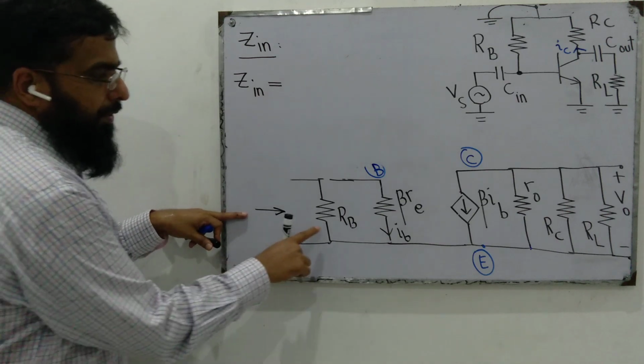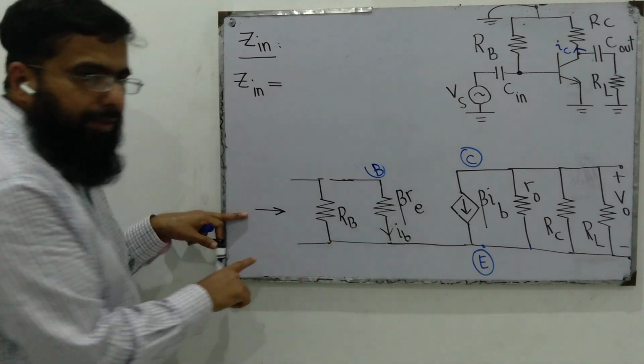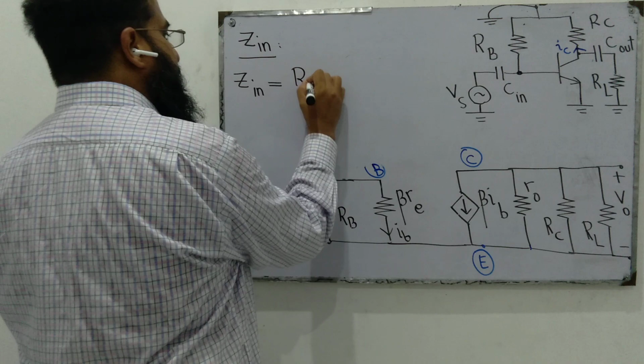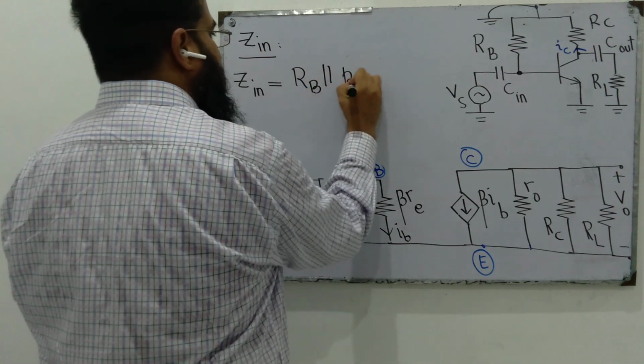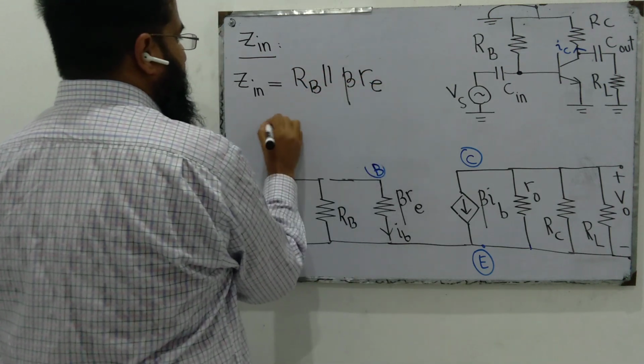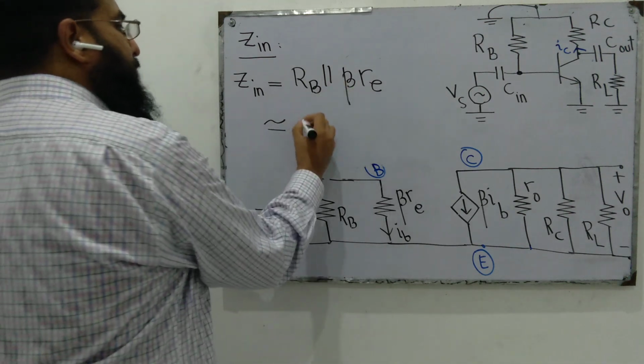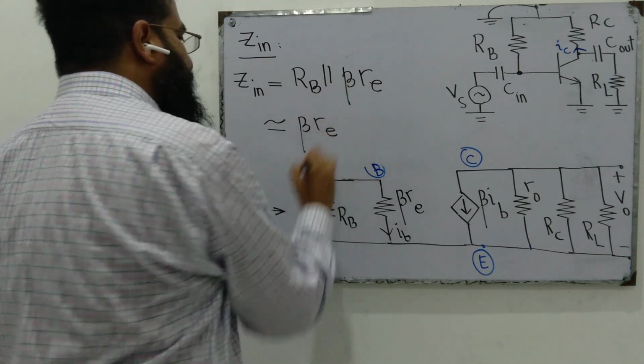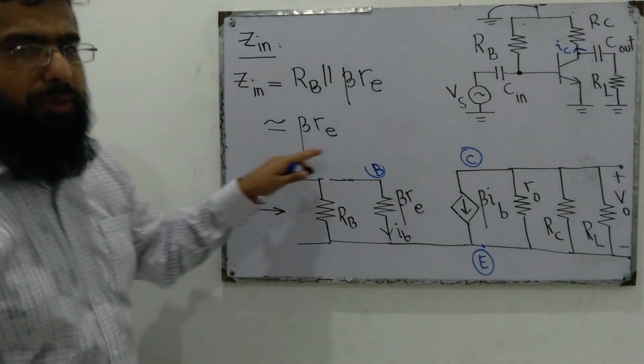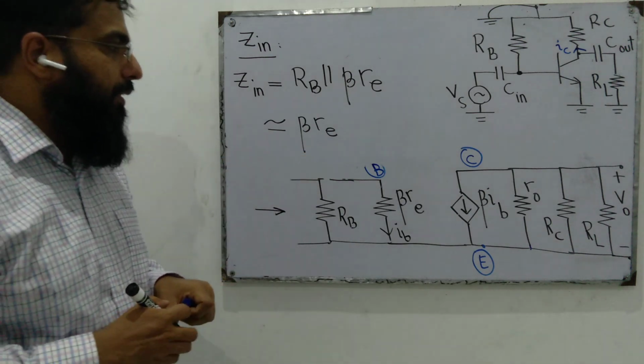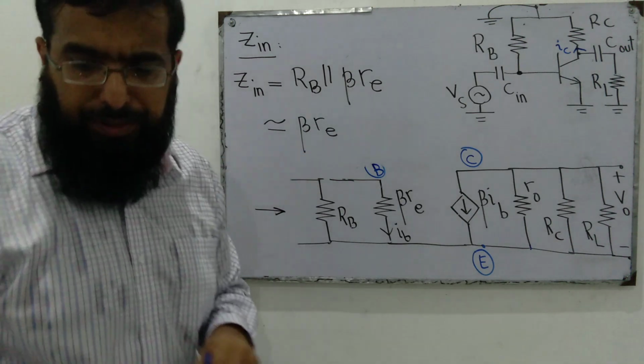If we see it from here, we see RB and beta re in parallel. So Zin is RB in parallel with beta re. Since RB is very large compared to beta re, in most practical cases Zin is approximately equal to beta re.